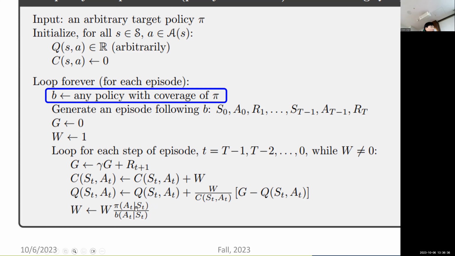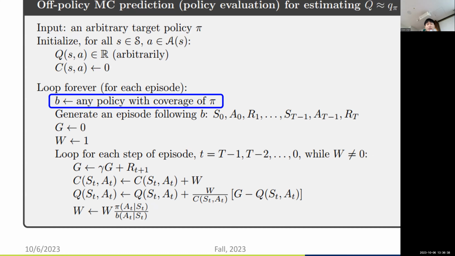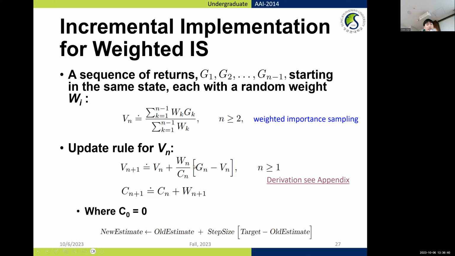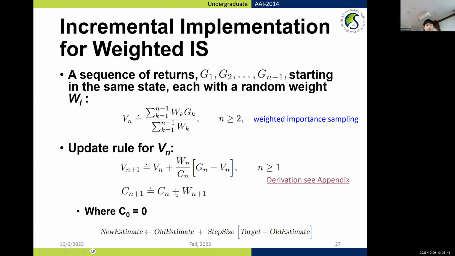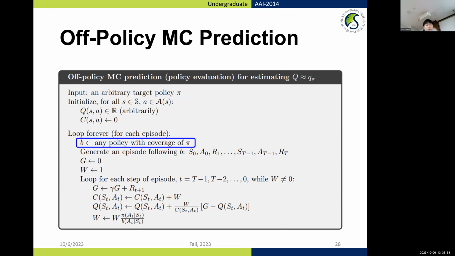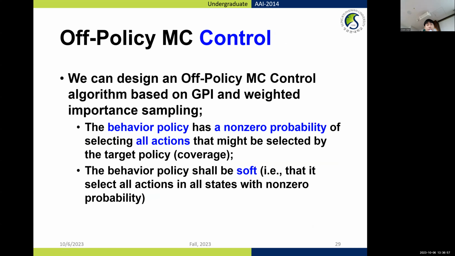So this is how it works, right? Once you know how it is derived, it's not that difficult to understand this part. This is exactly the implementation of the weighted importance sampling.